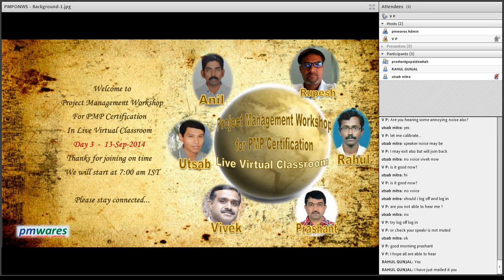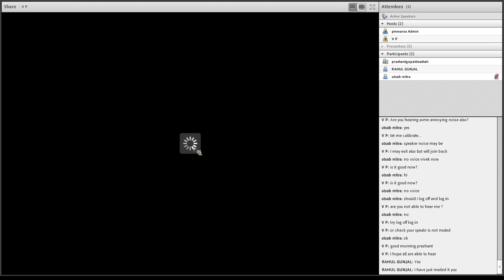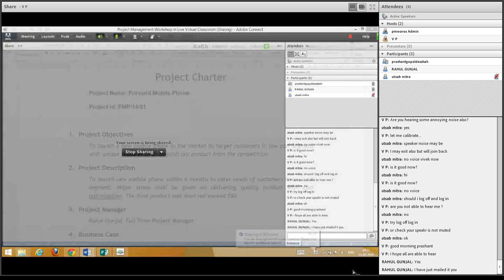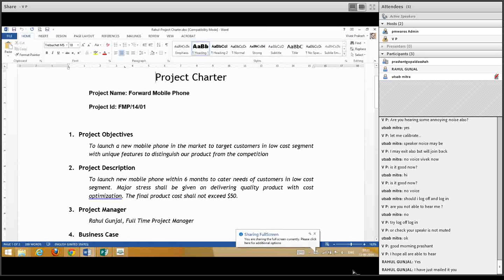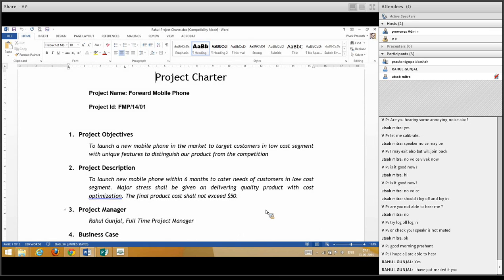Let me share this with you. So this is a charter prepared by Rahul. I believe you all are able to see it.